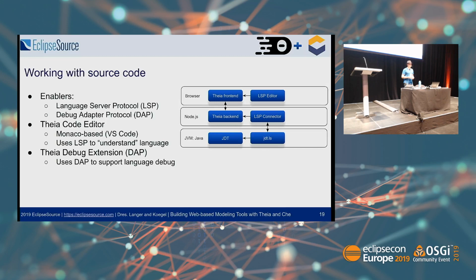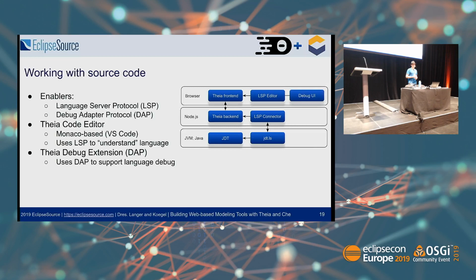In our case, it's called JDT-LS, the Java Development Tools Language Server. And as the name implies, it uses the Java development tools, just the same Java development tools that run within Eclipse. So if a Java file is parsed, it's exactly the same code that you would run inside Eclipse.